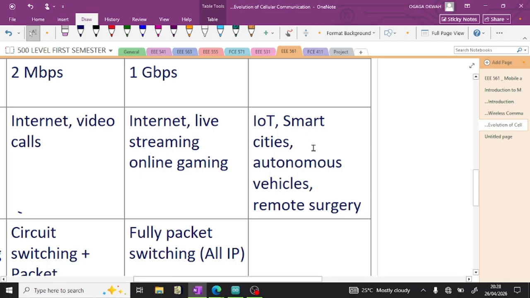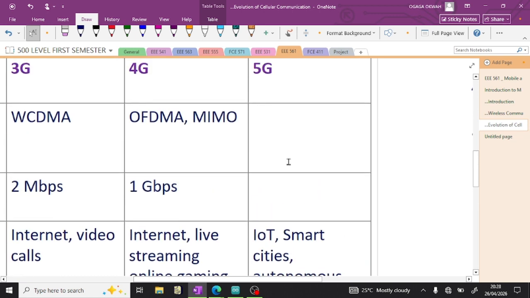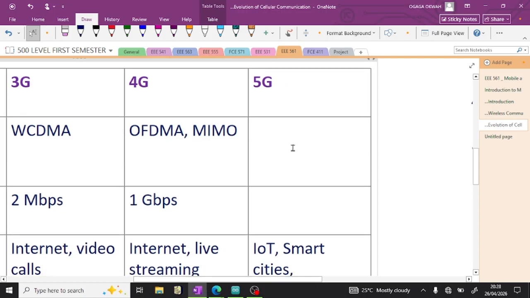So to carry out all these kinds of systems, we need a smarter technology. Not just MIMO again, but massive MIMO. I've explained MIMO earlier. So massive MIMO. Then beamforming.